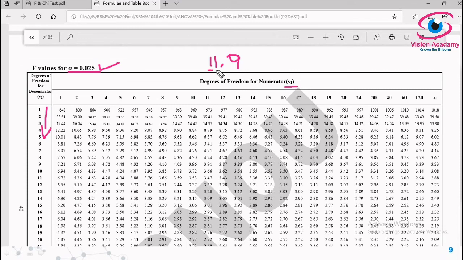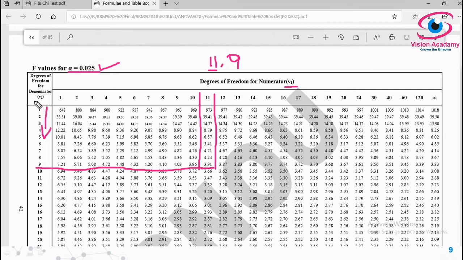So for V1 11 and V2 9, for 0.025 alpha we have to look. This is our area of interest. This is 11 degrees of freedom, and here 9 in the V2.